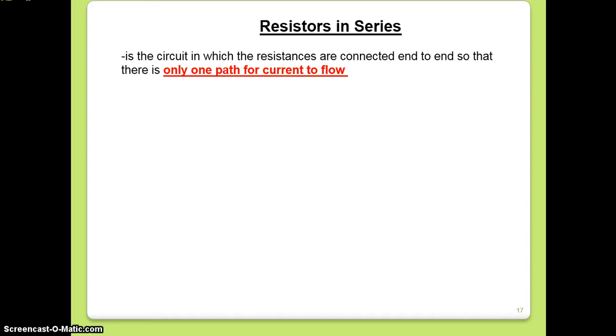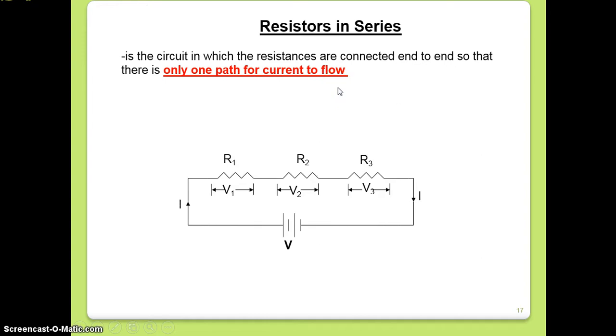So, resistors in series. The series connection is the special connection where the resistors are connected end to end. The most important point here is that there is only one path for the current to flow. The network looks like this.